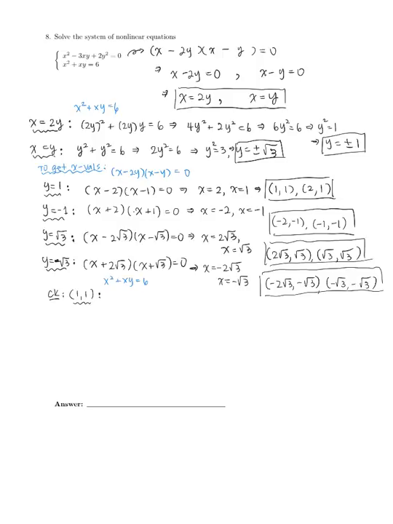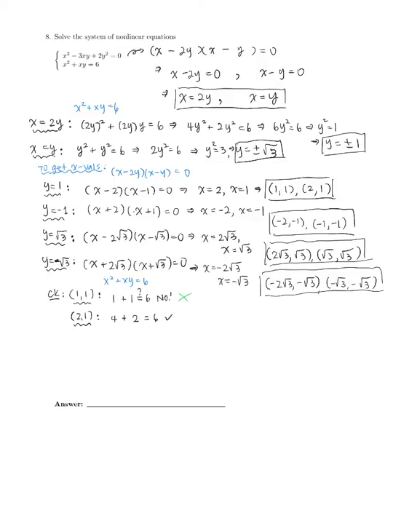So the question is, what is 1 squared, which is 1, plus 1 times 1, is it going to equal 6? No. So guess what? This one is out. Okay, now let's check 2 comma 1. So now x squared, so is it 4 plus 2 times 1, which is 2, equal to 6? Yes.